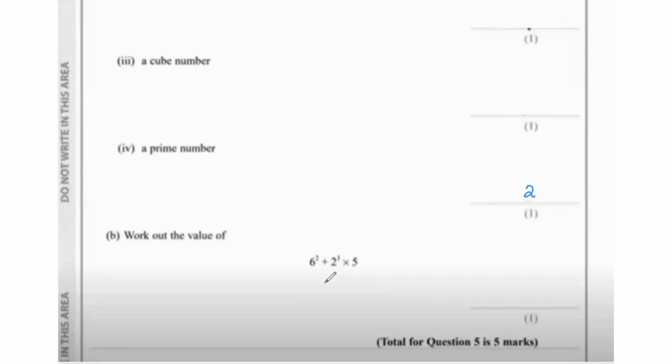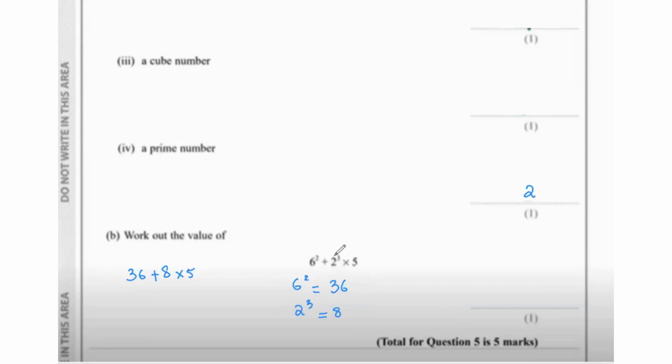Then work out the value of 6 square plus 2 cube times 5. 6 square is 36. 2 cube is 8. So 36 plus 8 times 5. If you remember the rules of BODMAS, BIDMAS, or PEMDAS, whatever you call it, you do brackets first, then indices, then division, multiplication, addition, subtraction.